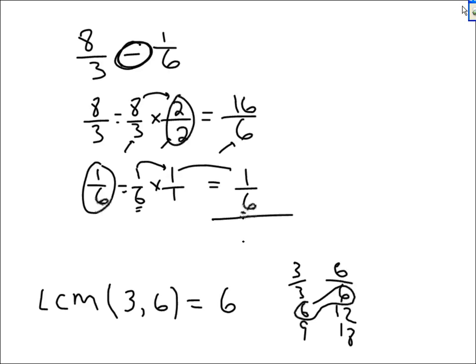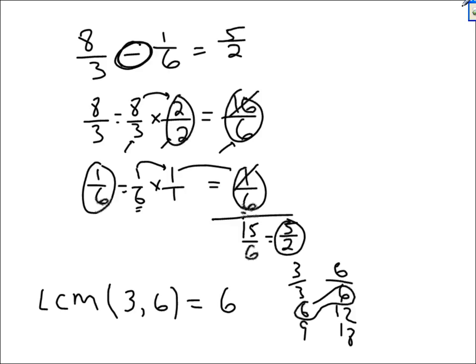In subtraction, we're subtracting these two numbers. If the denominators are the same, keep them, and then subtract the top. 16 minus 1 is 15. 3 goes into both of these numbers, 5 times and 2 times. And there is your answer. This is 5 divided by 2.